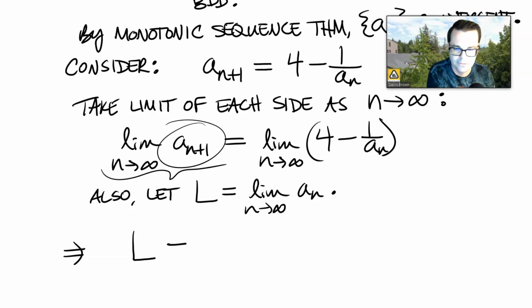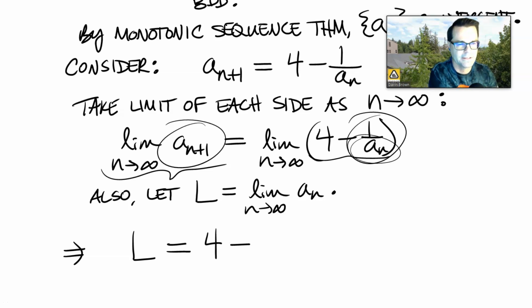So L is equal to, by the properties of limits, limits work well with algebraic operations. So the limit of the difference is the difference of the limits. So 4 minus, and then what's the limit of 1 over a sub n? Well, as long as the limit's not 0, it's going to be 1 over the limit.